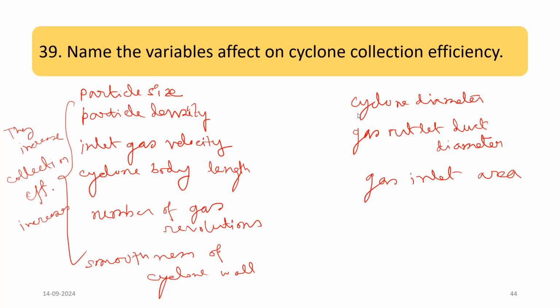But in this case, if cyclone diameter decreases, then collection efficiency increases. But if the particle size is increased, cyclone collection efficiency will be increased. So these are the differences between these two sets of variables.